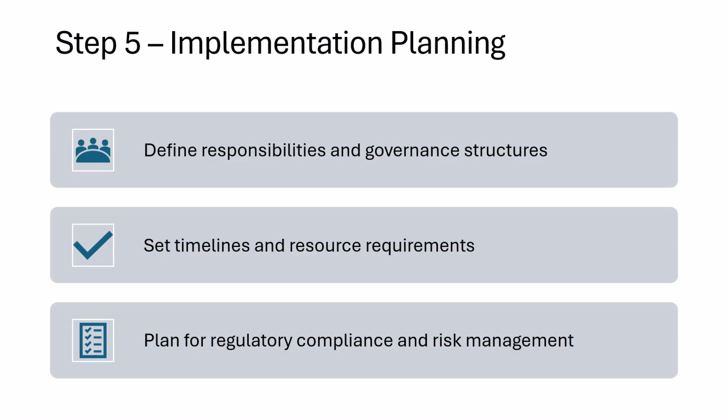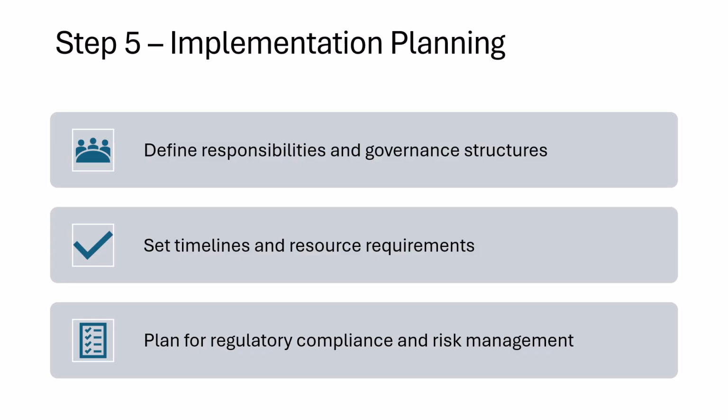Okay. Step 5, the implementation planning. So according to the paper, you have to define responsibilities and governance structure. Very important. Once you want to implement something, you have to have higher-ranking people who will have responsibility, and they will govern the whole idea. Set timelines and resource requirements so that you can see whether you are successful at certain timelines.